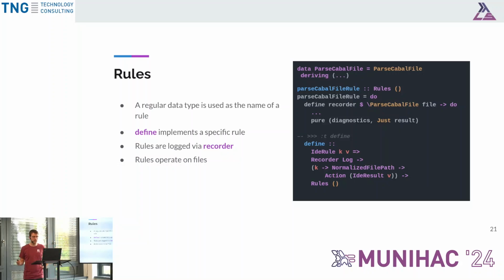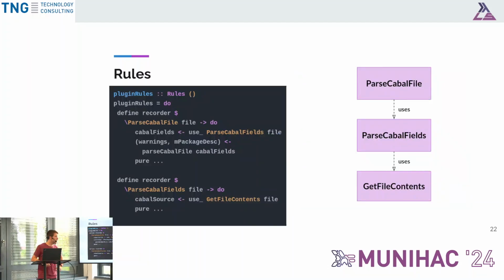Yes, and again, to highlight, rules always operate on file targets. So we can run the ParseCabalFile rule on a specific file. Great, and how do rules now depend on other rules? Now we have an example on the left where we are reconstructing the build graph that we see on the right.